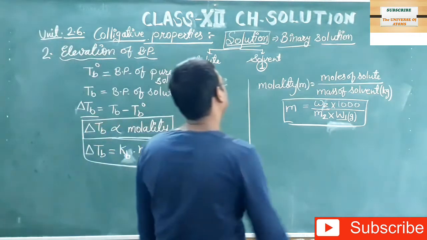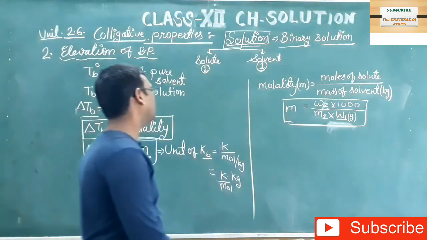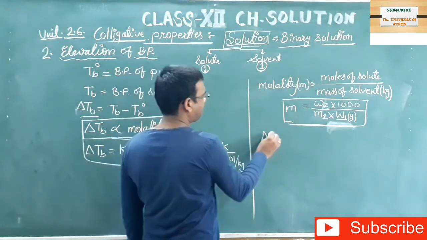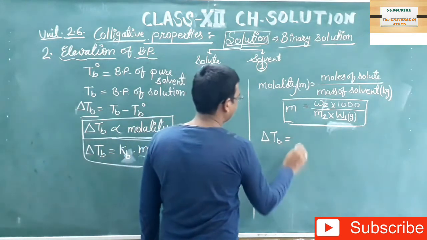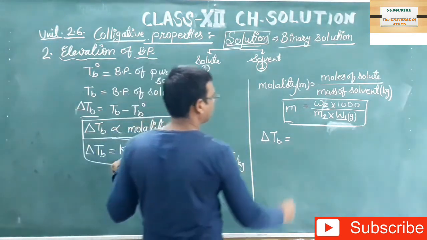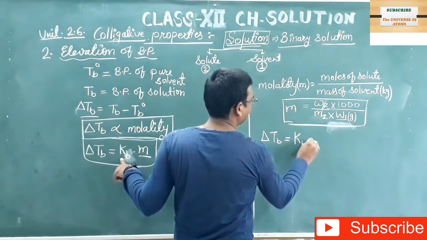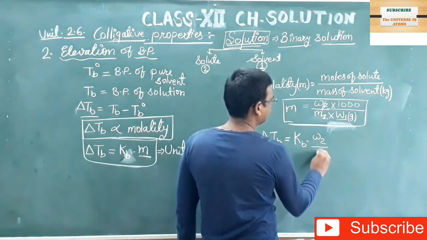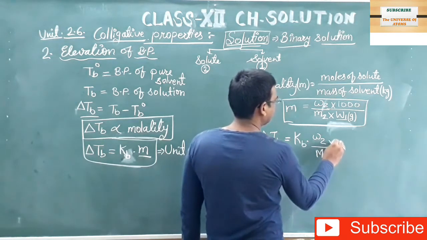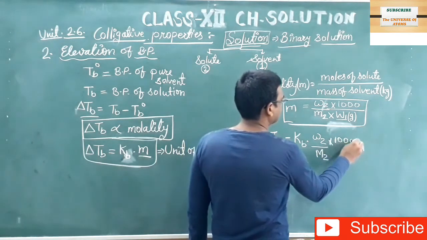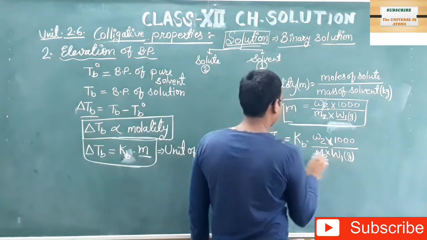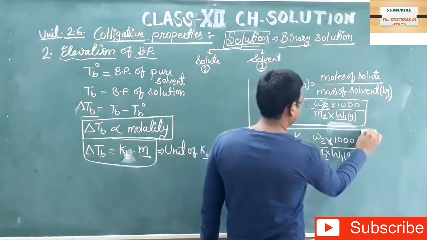Yes, so you can put this formula in this formula, then you can get simply delta TB, and delta TB is equal to KB into W2 upon M2 into 1000 divided by W1, and this W1 is in gram. Okay, this is the formula.